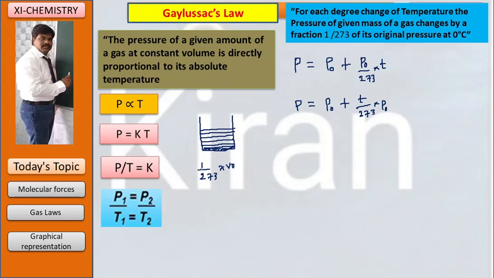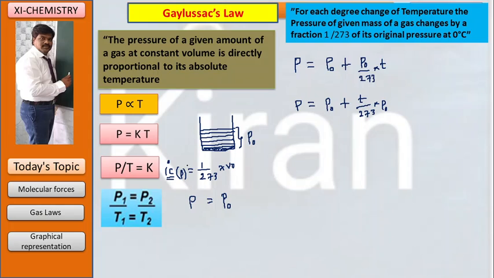So when you increase the temperature by 1 degree centigrade, at that particular temperature, P is equal to what? What is the formula? P is equal to P naught. Already it has some pressure. This is the gas, it is having P naught.